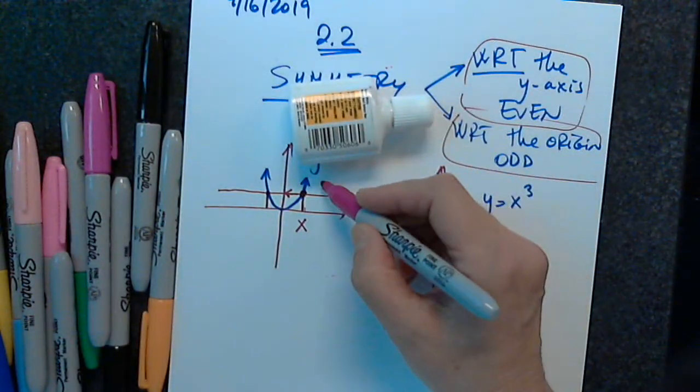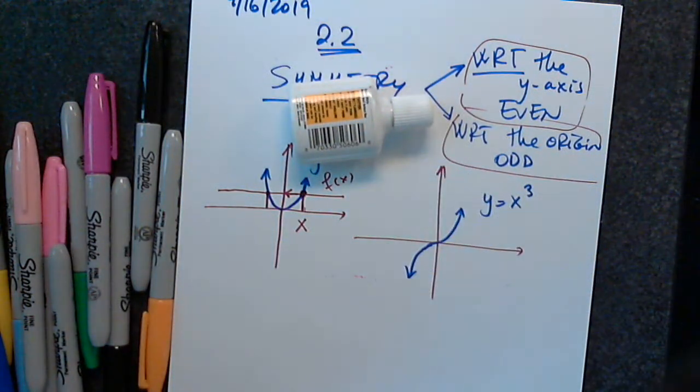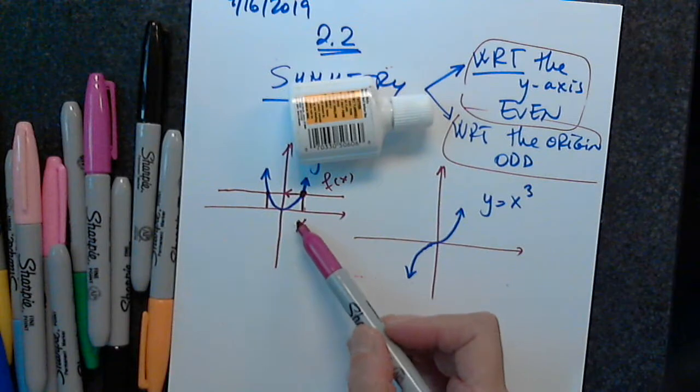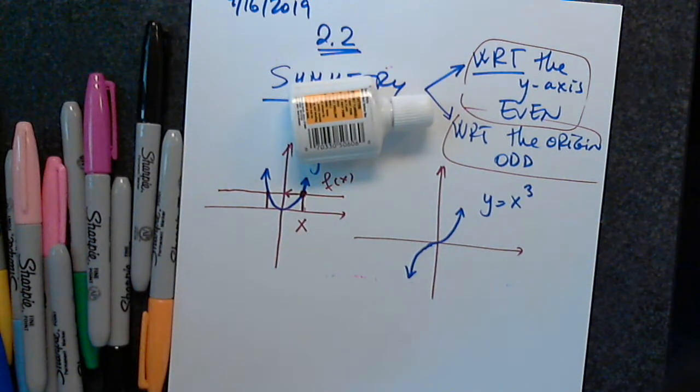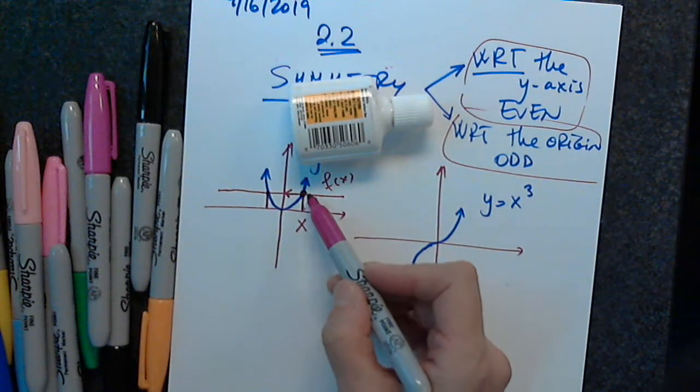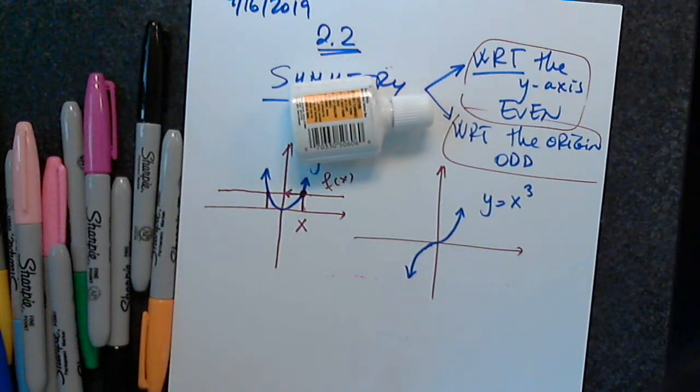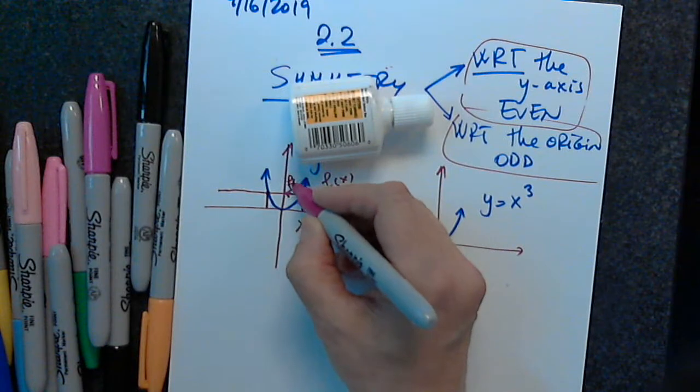So this is just a function f of x. What would be the y coordinate when x is x? What would be the y coordinate if I make this 2? F of 2, whatever f is. So then if this is x, what is y? F of x.